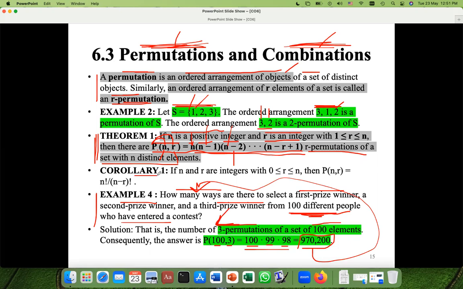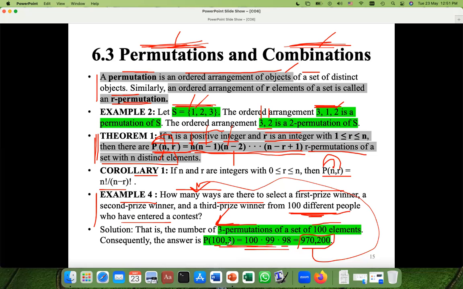And there is a Corollary 1. You can just read that, n factorial divided by, and what is this saying? You have the formula here, but you also have another formula for permutations like that. It is saying that r permutations of n objects in the set is equal to n factorial divided by (n minus r) factorial. Okay, let's see if you write these values here.